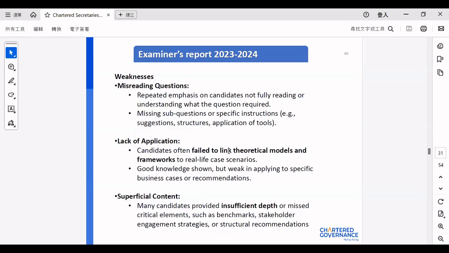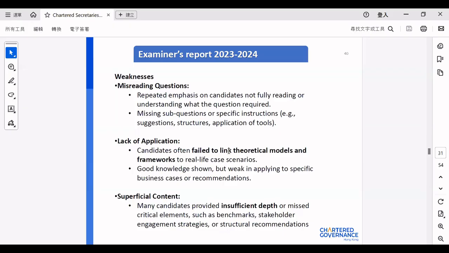You need to analyze your case as well, and that will help you in the application, because once you're given the question, they may ask you about the application, and remember when they ask you about the application, it could be applied from a different angle as well. So you have to watch out for what the question actually wants from you.